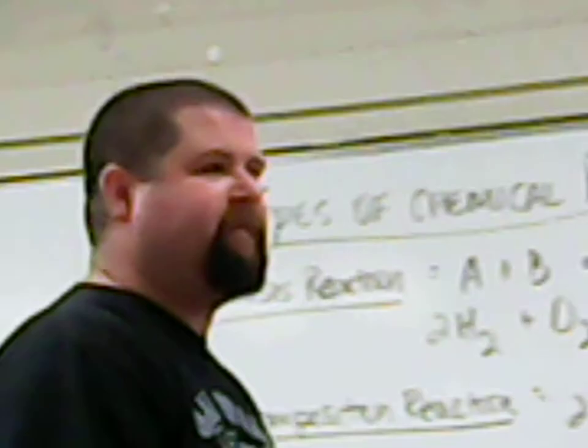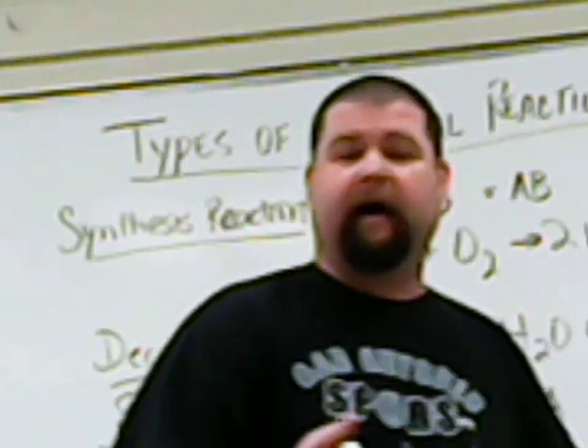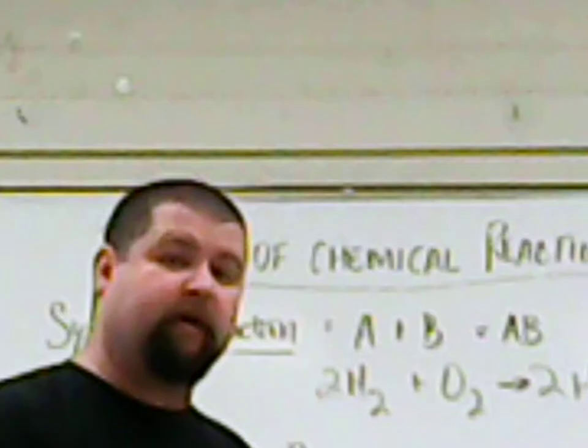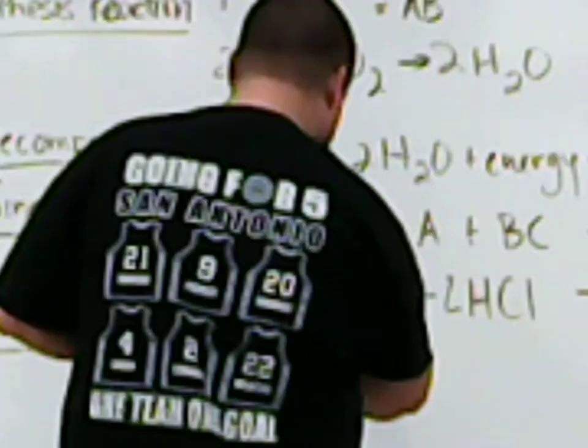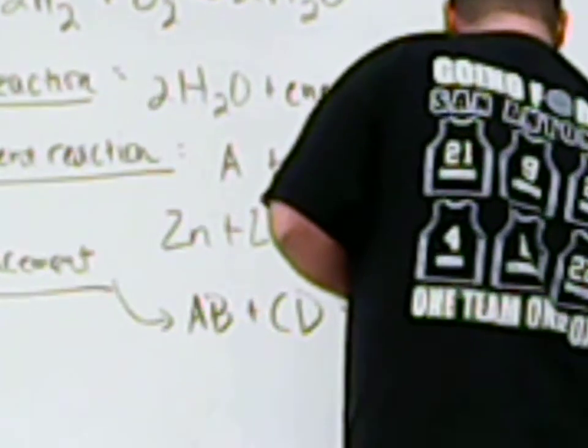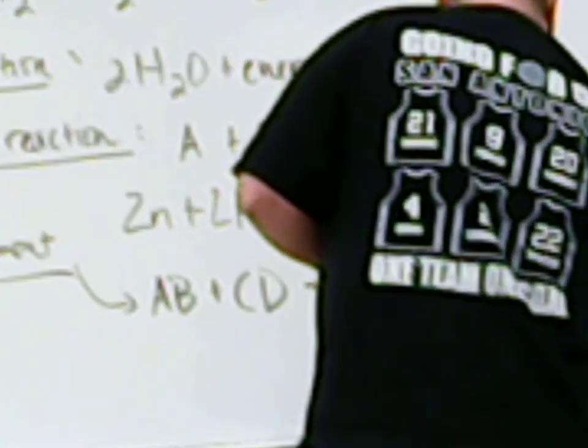So if you want to think of it as two couples dancing, and the couples just swap partners, and you come up with two more compounds. So that would be something like AB plus CD will yield CB plus AD. It's very simple. All they do is swap.